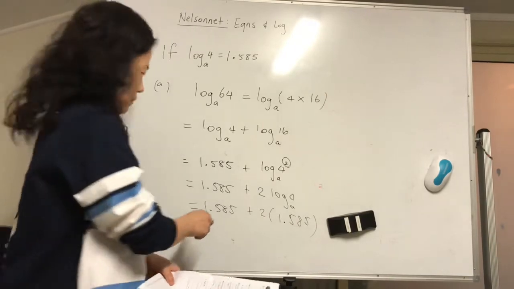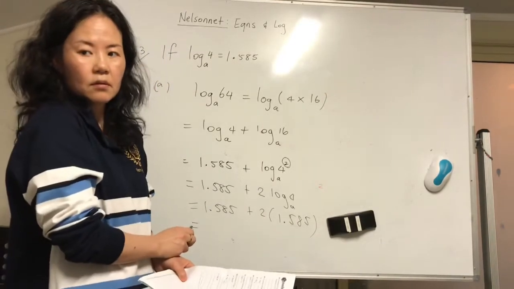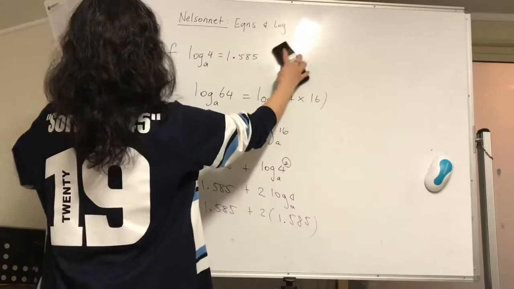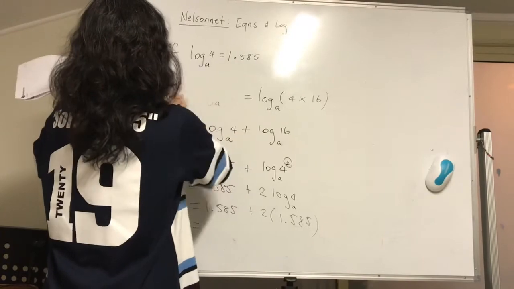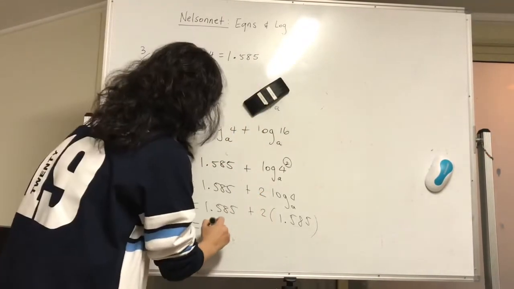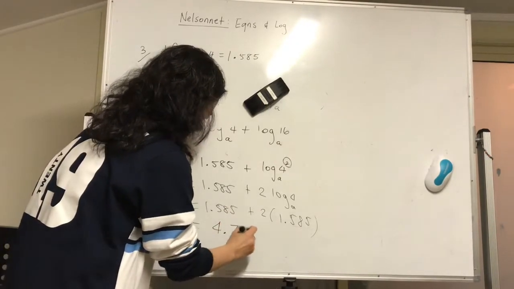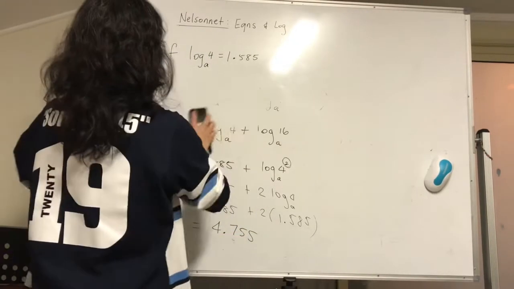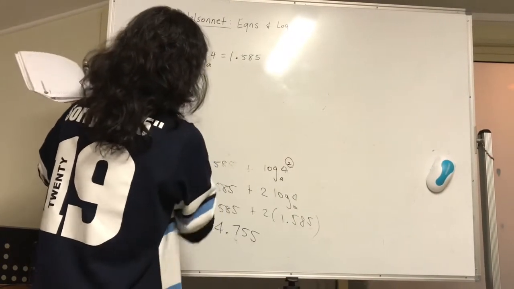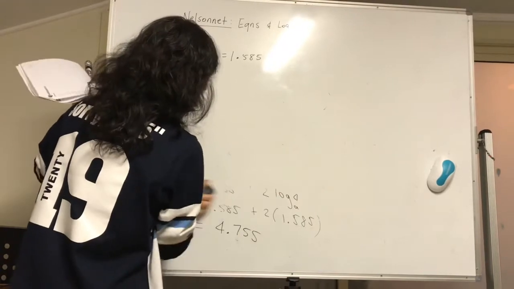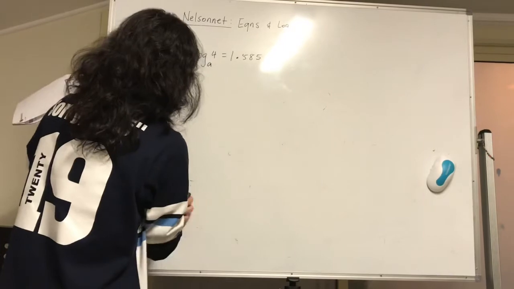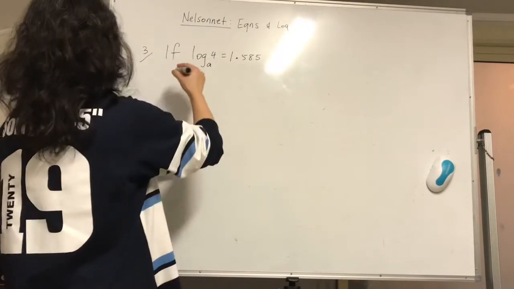What will be the answer? Calculate it for me. 4.755. Alright. It's 2 times, so you double it and then you plus another one. Is that okay?